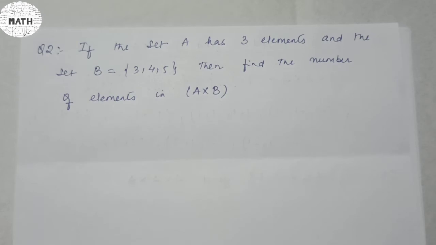It's given that the set A has 3 elements and the set B is equal to {3, 4, 5}. Find the number of elements in A cross B. Here, I'm going to take the help of remark number 2.